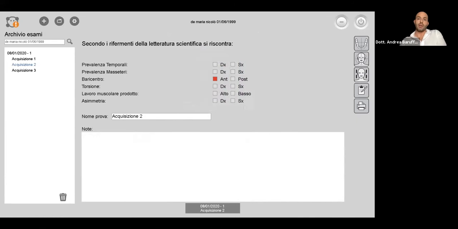You can see that whereas there is something that is not in the normal range, the system highlighted in red. In this example, we have every value in the range. The only thing that is out of the range is the barycenter, that is slightly anterior, but being out of the range, the system highlighted in red.